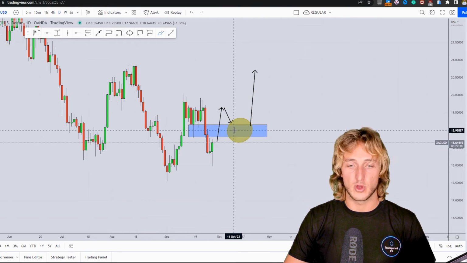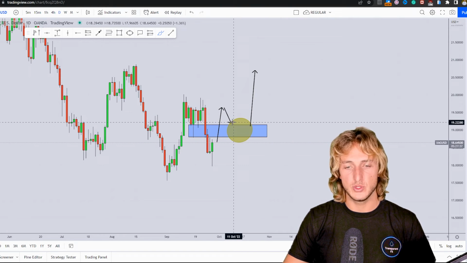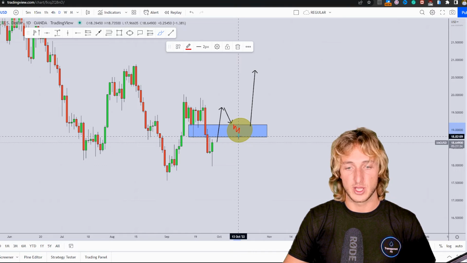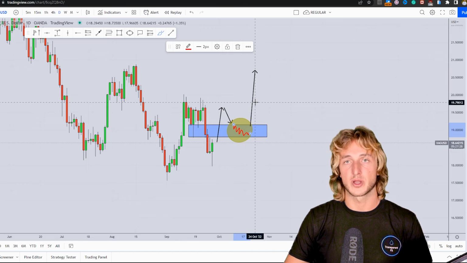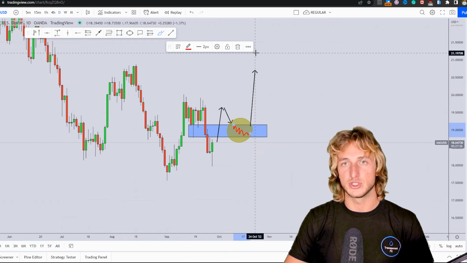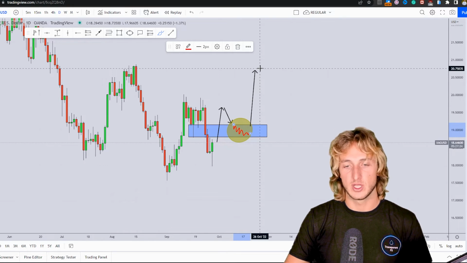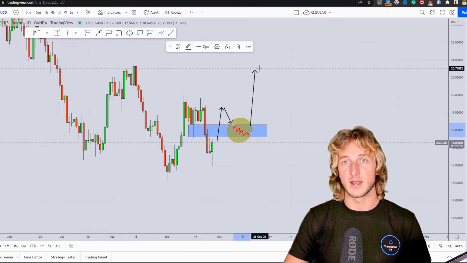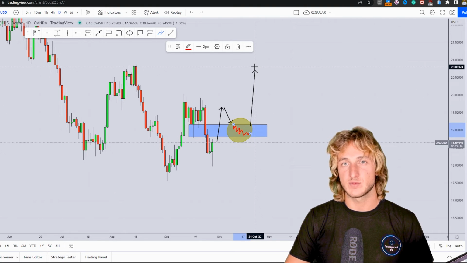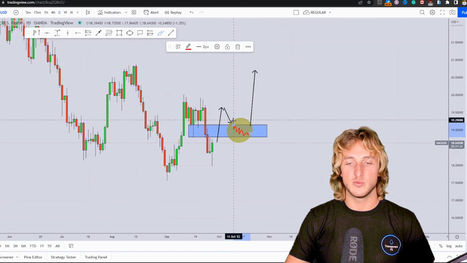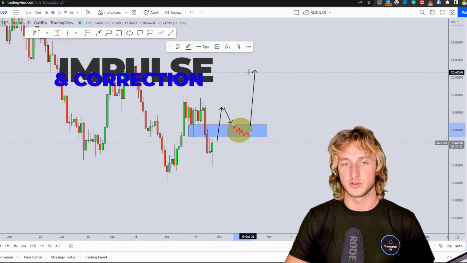So if we get the move on the retest, what we could be doing is monitoring price action from an intraday perspective during this move to the downside, waiting for the market to shift from an intraday bearish market, as we would have, to an intraday bullish market. And if the market would shift from an intraday bearish to a bullish market and provide to us one of our valid entries, at that point we could be looking for this potential rejection to the upside and for the market to complete this impulse correction and impulse pattern to the upside.